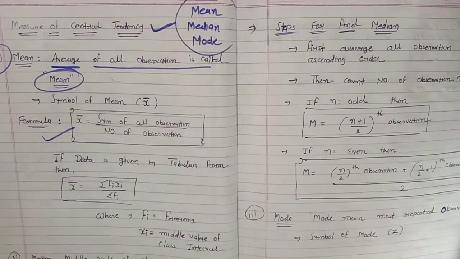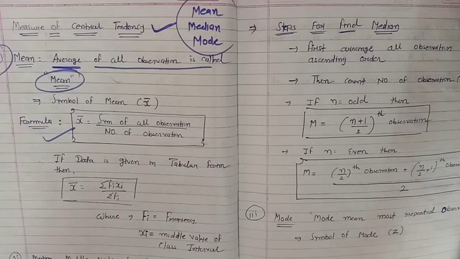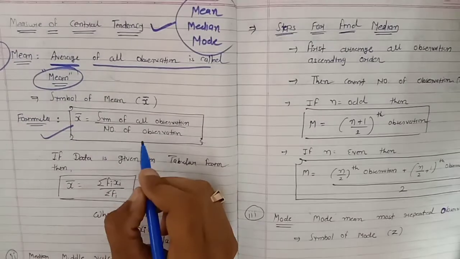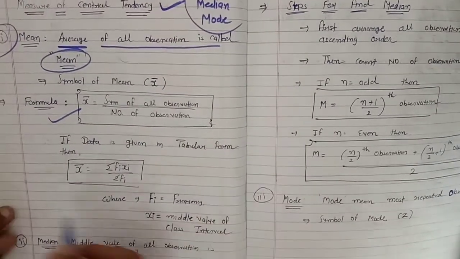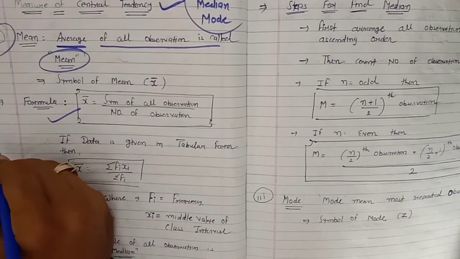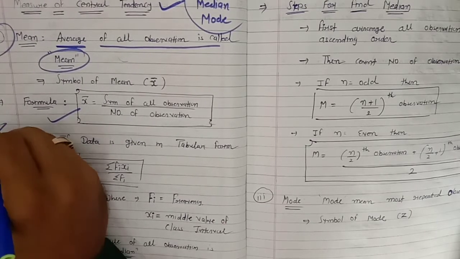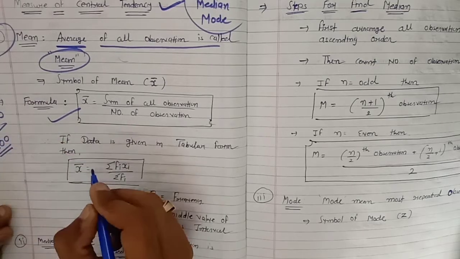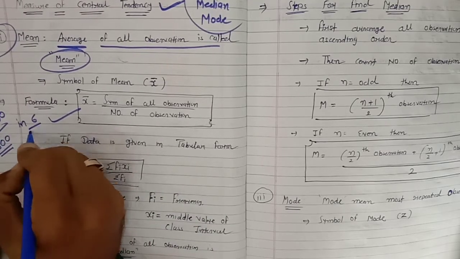This is the formula: sum of all observations divided by the number of observations, and you get your mean. If your total is out of 100 and your total marks is 500, clear? 500 in 6 subjects.